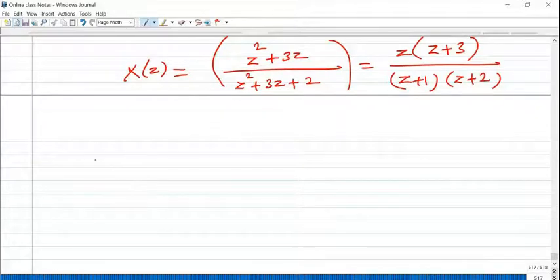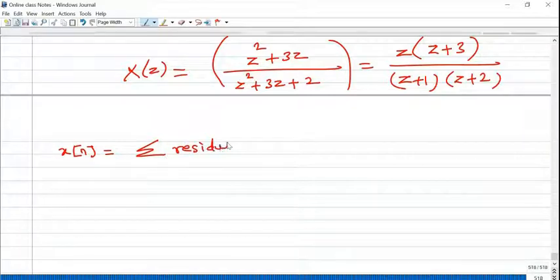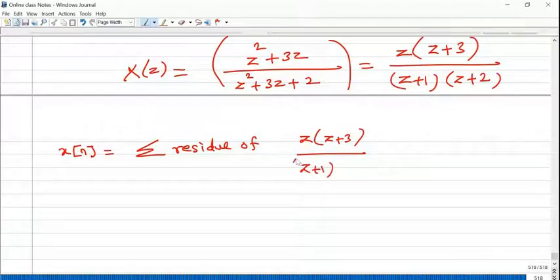Now apply the residue theorem. What does the residue theorem say? X of n equal to, in this example, summation of residue of z into (z plus 3) divided by (z plus 1)(z plus 2).